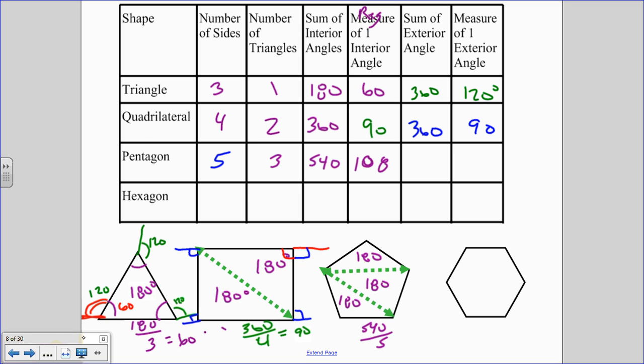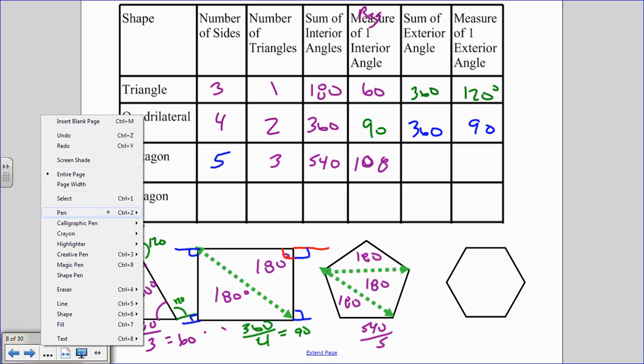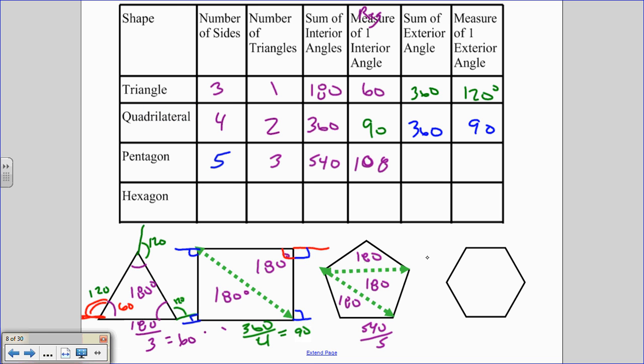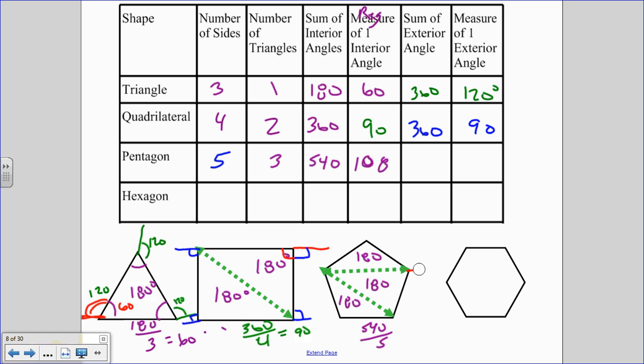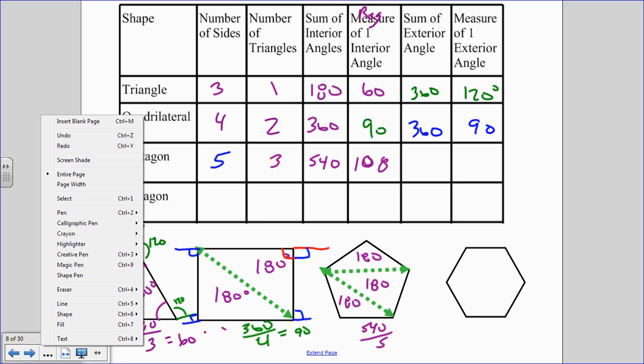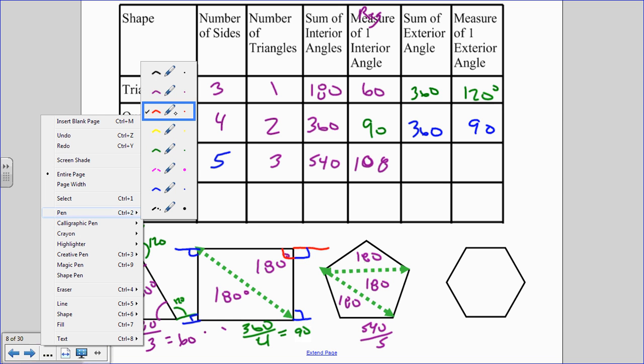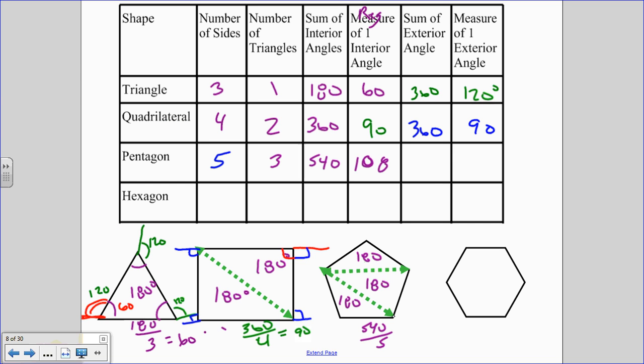And now let's find one exterior. I didn't draw a good one there. Sorry. Alright, so here's one. You already know this is 108.